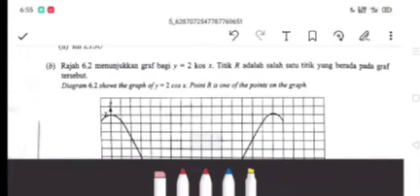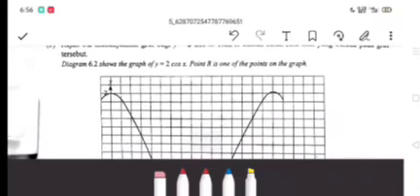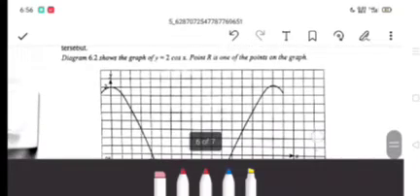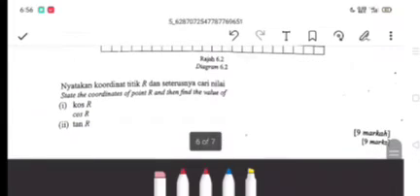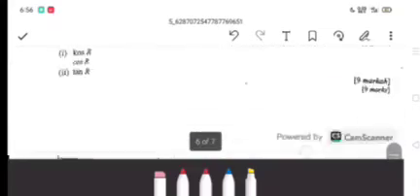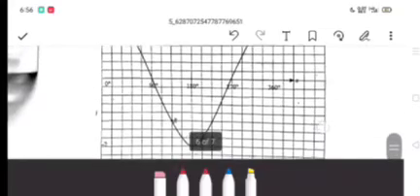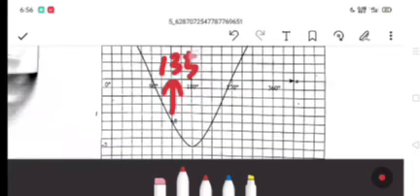Next question D. Diagram 6.2 shows the graph of y equals 2 cosine x. Point R is one of the points on the graph. State the coordinates of point R and then find the value of cos R and tangent R. First we need to find the coordinates of R, so we look first at the x-axis. The R is in here. This is 135 degrees.